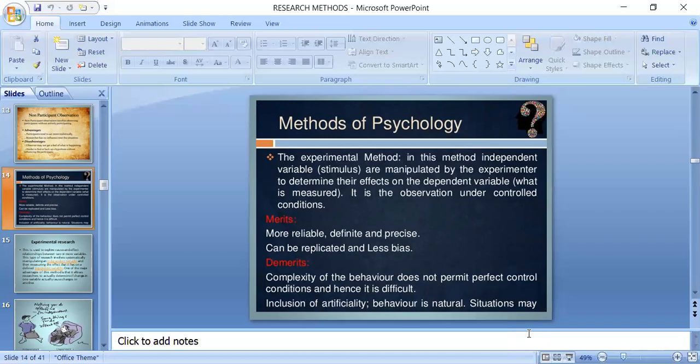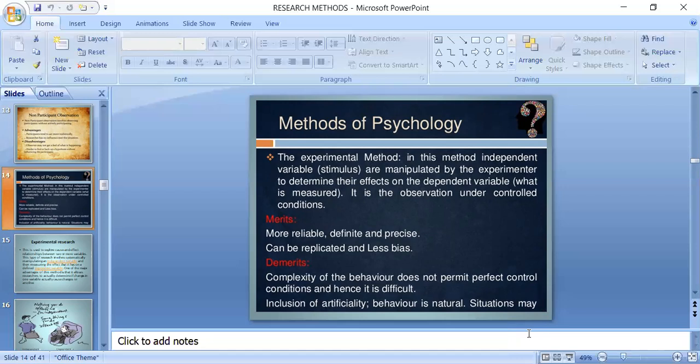The second one is the experimental method, by conducting different experiments. In this method, the independent variable, which is a stimulus, is manipulated by the experimenter to determine its effects on the dependent variable, what is measured. Dependent and independent variables are cause and effect. Clear? It is observation under controlled conditions.